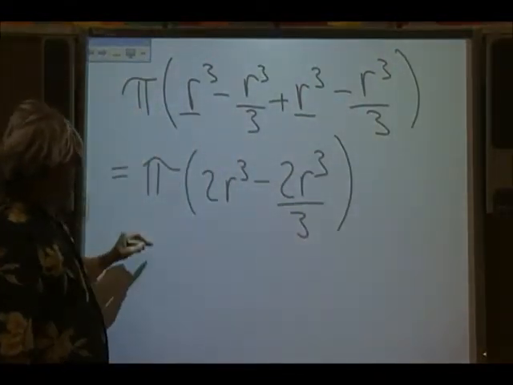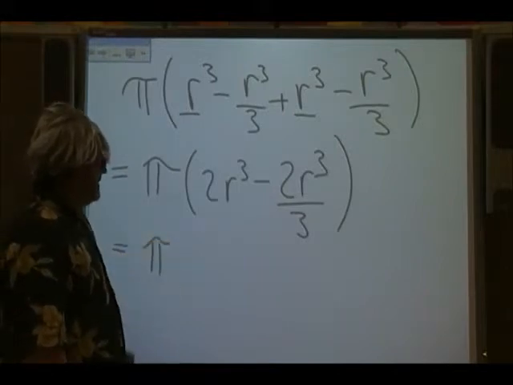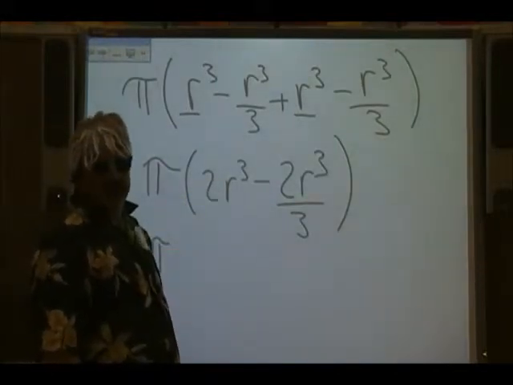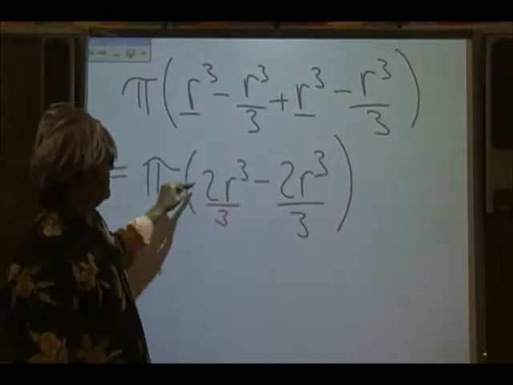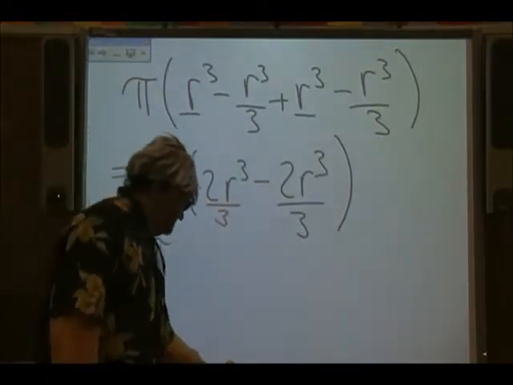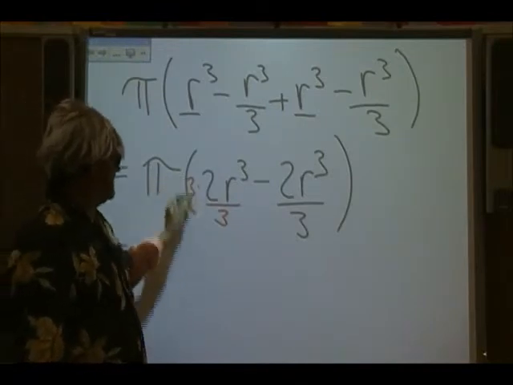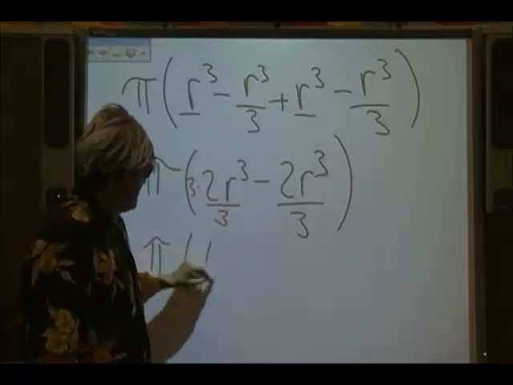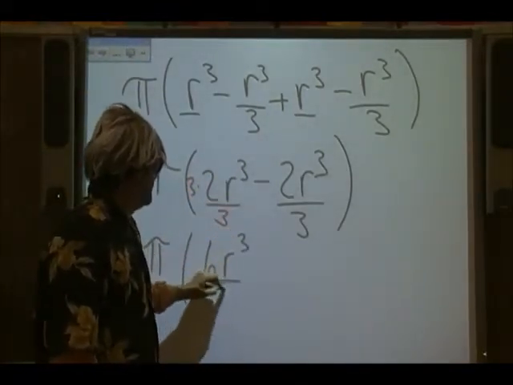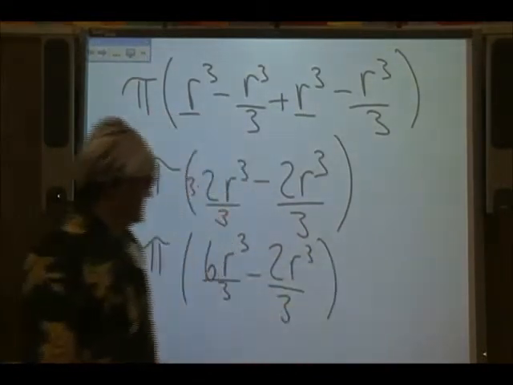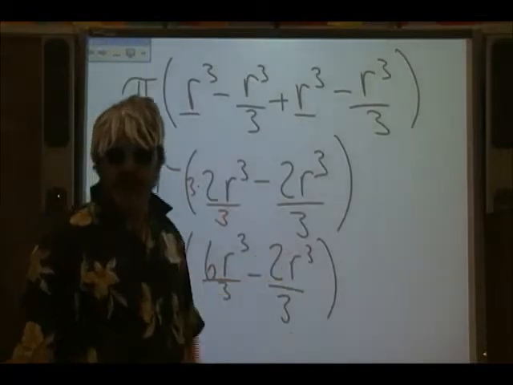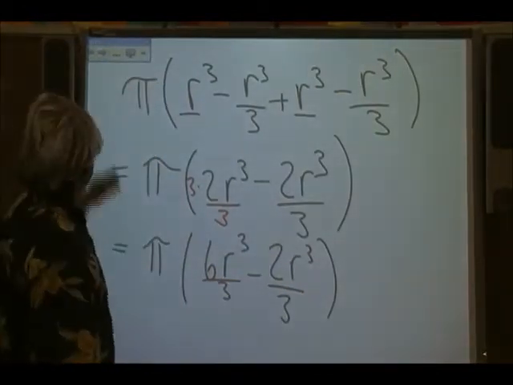Now what? Well, this is pi. And now we have to find a common denominator. If I want to make this over 3, then I have to multiply this by 3. So this is 6 r cubed over 3 minus 2 r cubed over 3. Well, 6 r cubed over 3 minus 2 r cubed over 3 is 4 r cubed over 3.